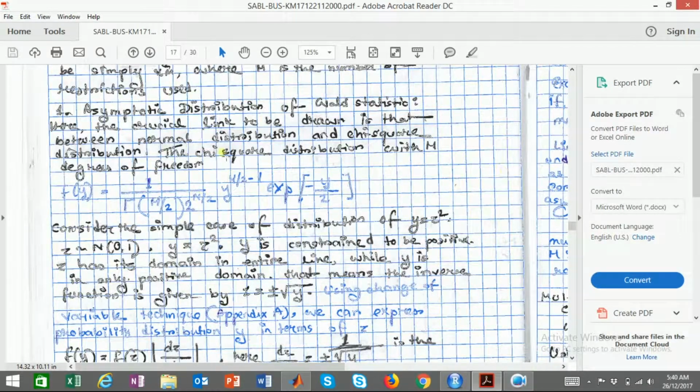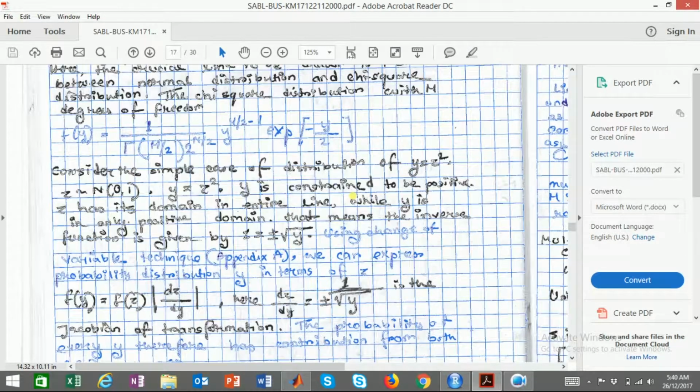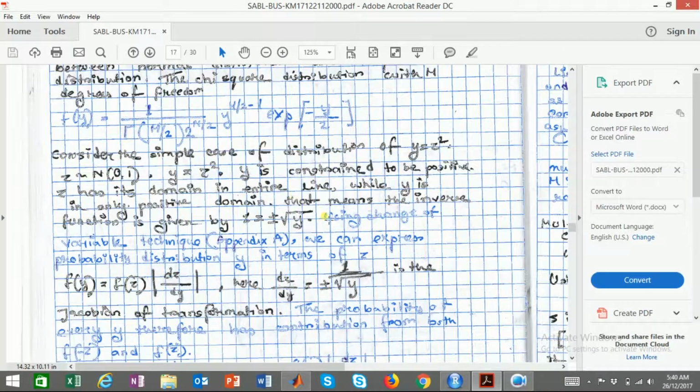This is the form. Consider the simple case of distribution of y equals z square, where z is N(0,1). Y is constrained to be positive because y equals z square. Z has its domain on the entire line, while y has only positive domain. What that means is the inverse function is given by z equals plus minus root over y.